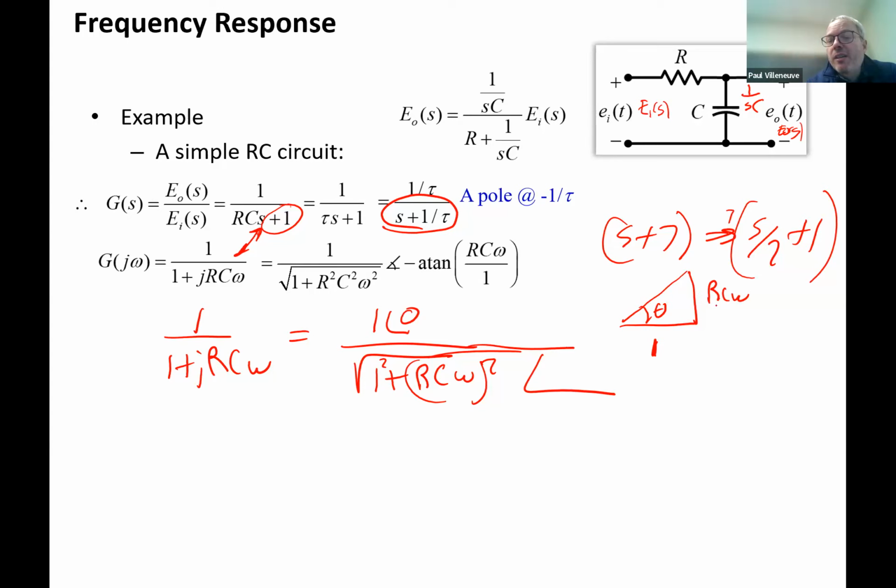What I know is the opposite over the adjacent. So what should I use to get the angle? Tangent, very good. The inverse tangent of the imaginary part over the real part is the angle.